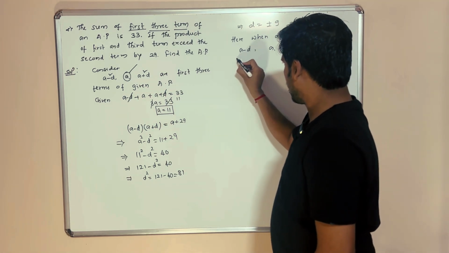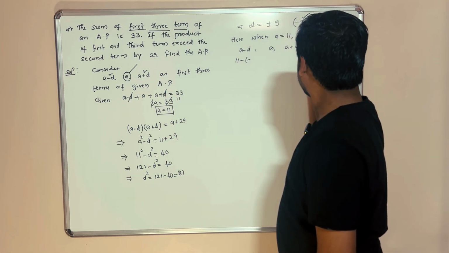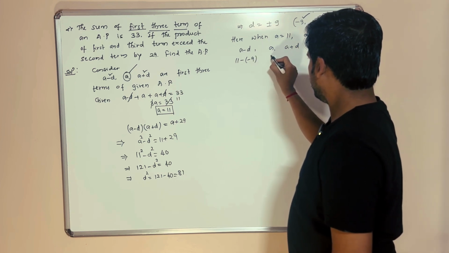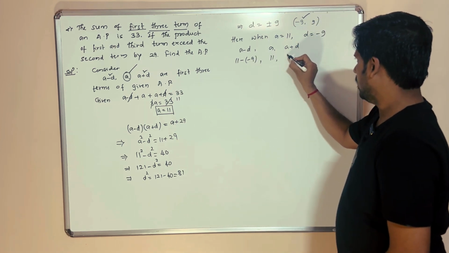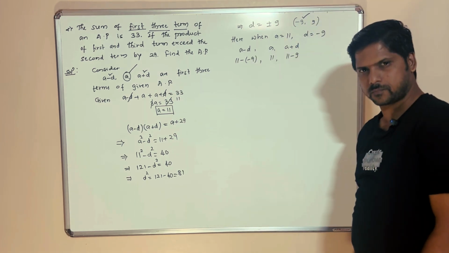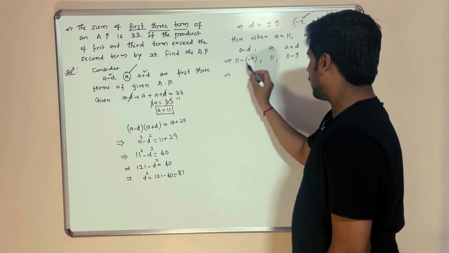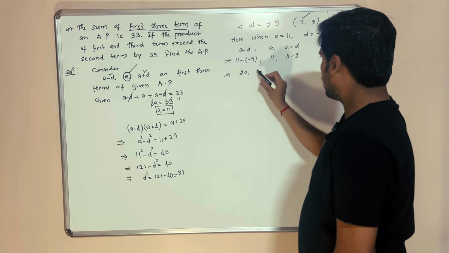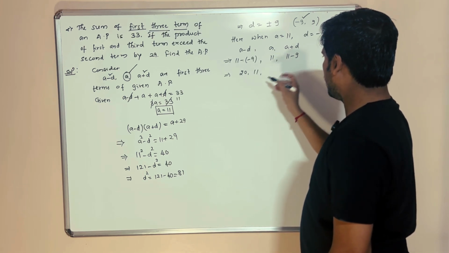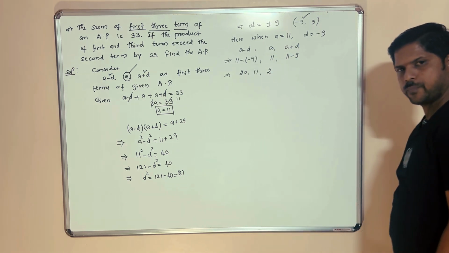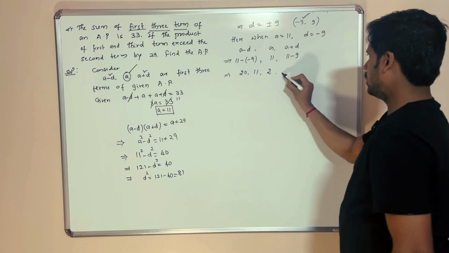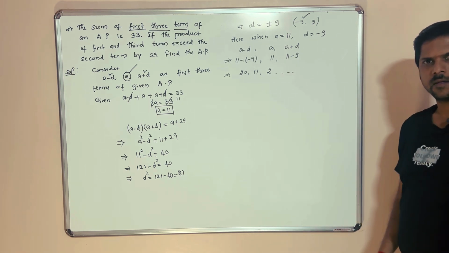So put A is equal to 11 minus of minus 9. 11 minus 9, so this implies minus of minus is plus. 11 plus 9 is 20. 11 minus 9 is 2. And so on. This is our AP.